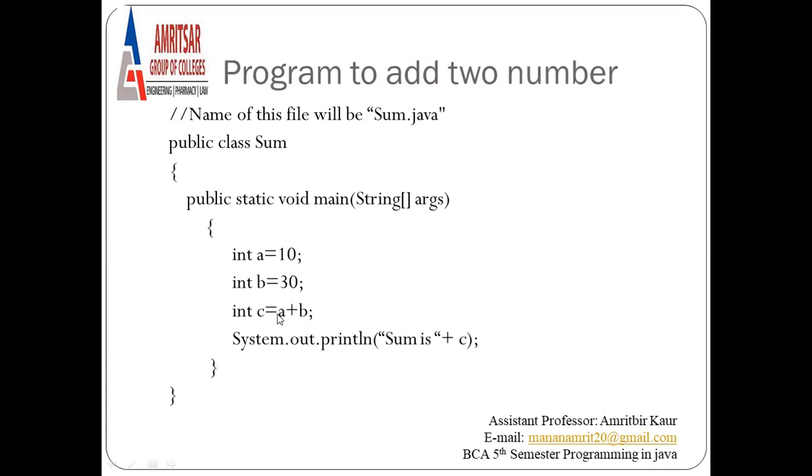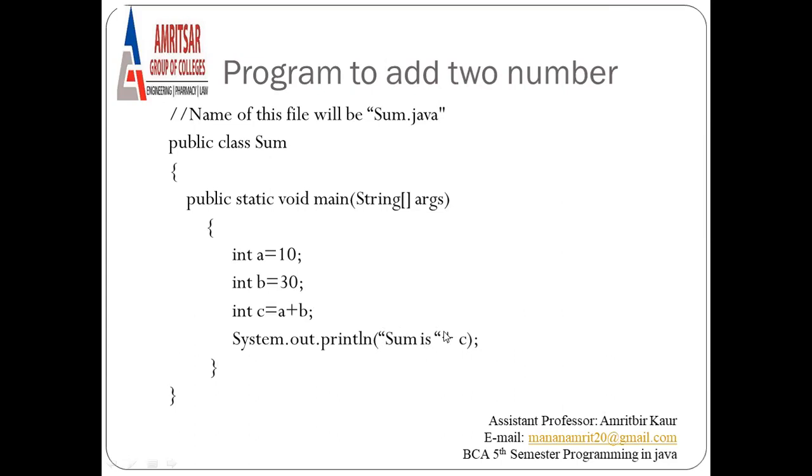Now the result is stored in c, so we want to display it, and for displaying we use System.out.println, and here Sum is a string, so we enclose it in double quotes. Now from string we move toward a variable, means two different kinds of data are concatenated.